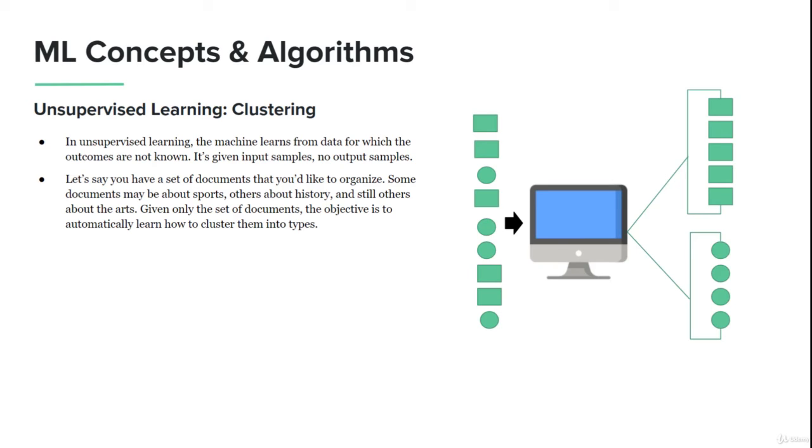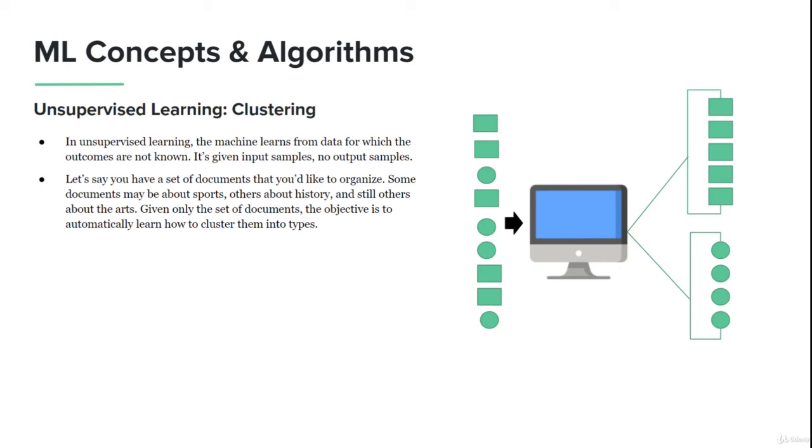So let's say you have a set of documents that you're looking to organize, right? Some documents may be about sports, others about history, others about different arts or games or whatever that may be, right? Given only the set of documents, the objective is to automatically learn how to cluster them into types. So let's say you have a bunch of squares, circles, and maybe triangles, maybe ovals or different types of shapes.